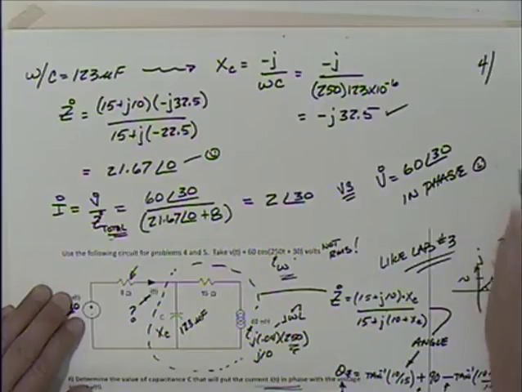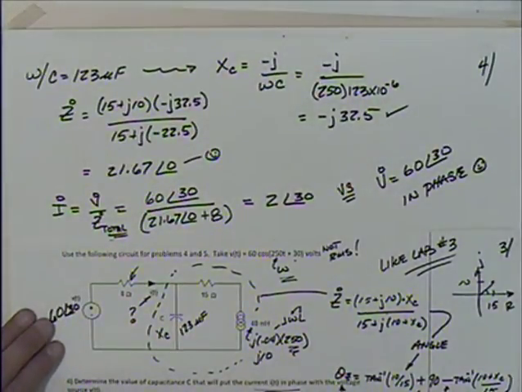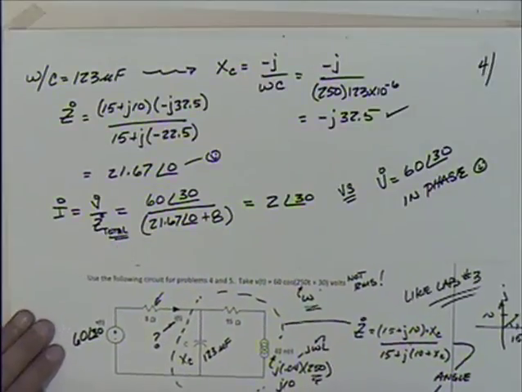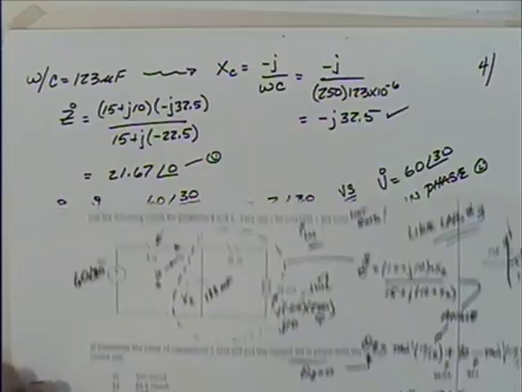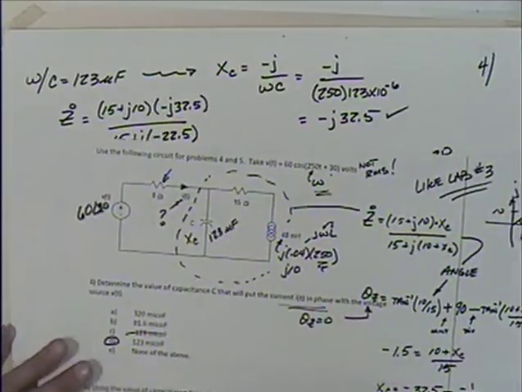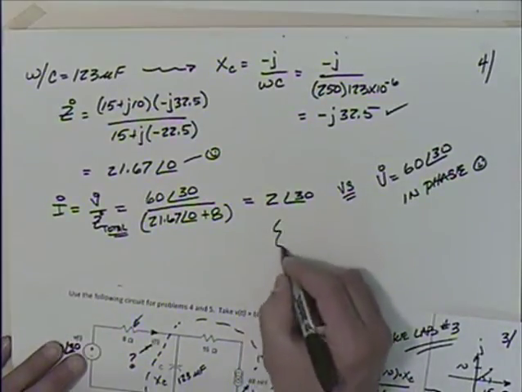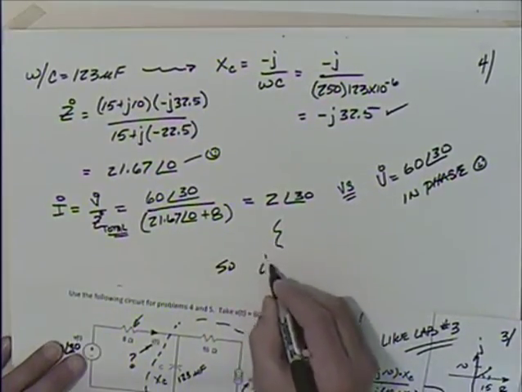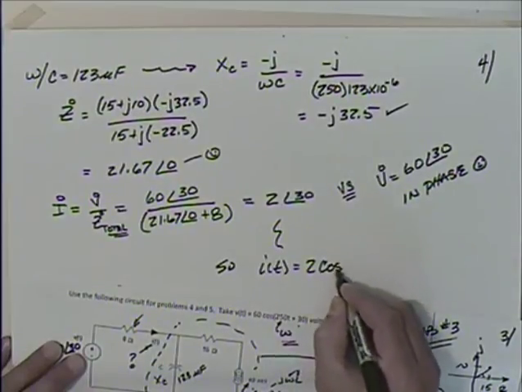So again, we can start to have a lot of confidence with our first answer. They're in phase. Now what were we looking for? We're looking for the current. Well, I have the current in phasor domain, but here I have it in time domain. It looks like my answers are in time domain, so I better put that in there. So in the time domain, I would have 2 times, we're going to write it in terms of cosine.